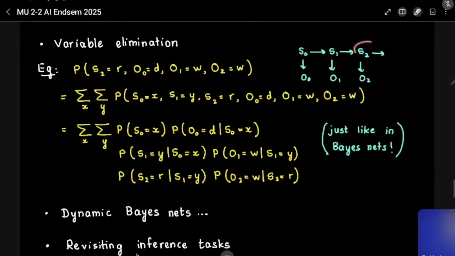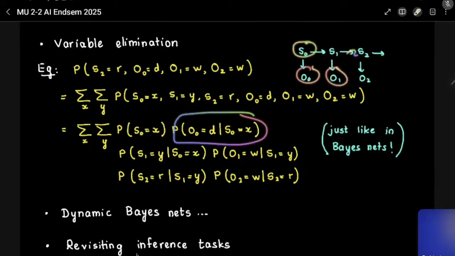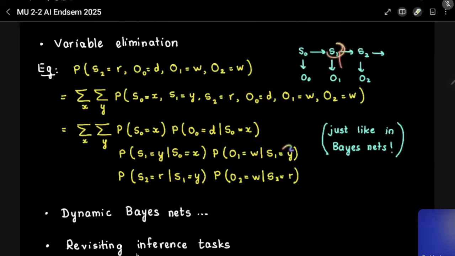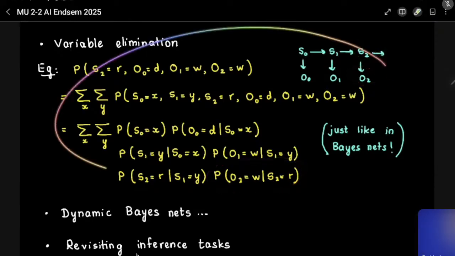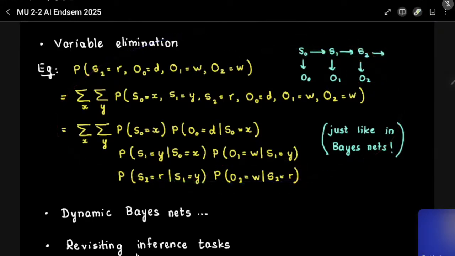And when you're writing probability of S2, it is dependent on S1, so probability of S2 given S1. And for O0, you have to write O0 given S0. O1 is dependent on S1, so you have O1 given S1. O2 is dependent on S2, so you have probability of O2 given S2. So this will make sense if you have listened to yesterday's Bayesian networks class.